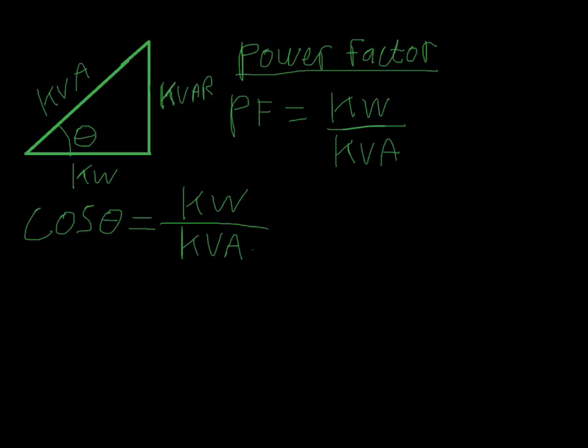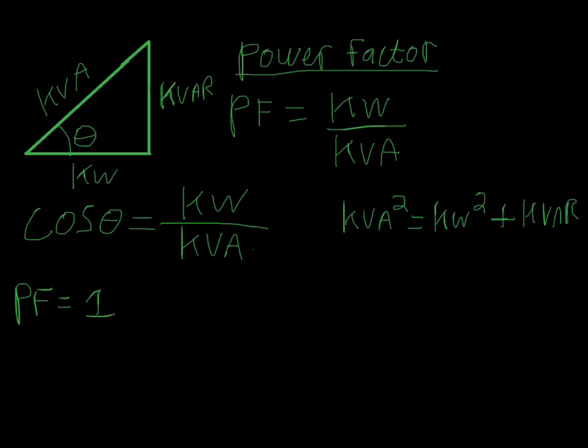Now, unity power factor is when the power factor is equal to 1. And in that case, your kW is equal to your kVA. If you go back to your trig class, you'll see that the apparent power, kVA squared, is equal to kW squared plus kVAR squared.